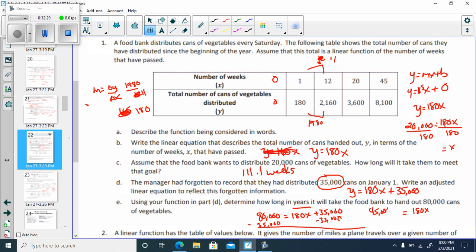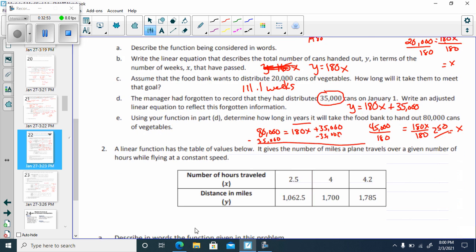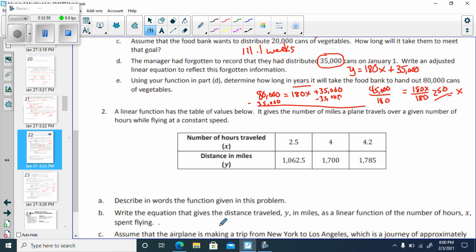Okay, and you divide both sides by 180, and x would be 250. We take 250 weeks, there's 52 weeks per year, divide that by 52, and essentially that would take you 4.8 years, okay? All right.